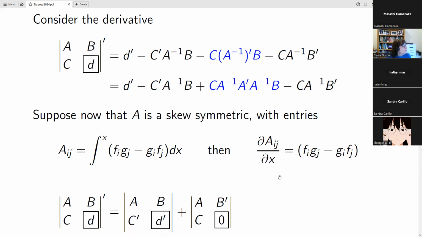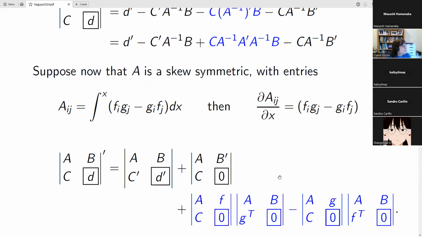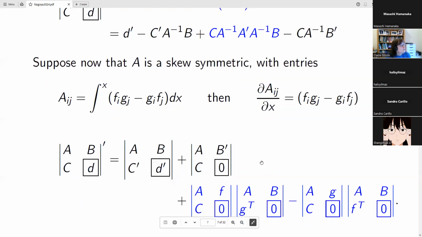And so here's my quasi-determinant differentiated. I can turn it back into something that's really very simple. So it has a part that's got a derivative of the column. Then you don't want to differentiate the d part twice. So then you have a part where you've got the derivative of the, sorry, this is the row here.